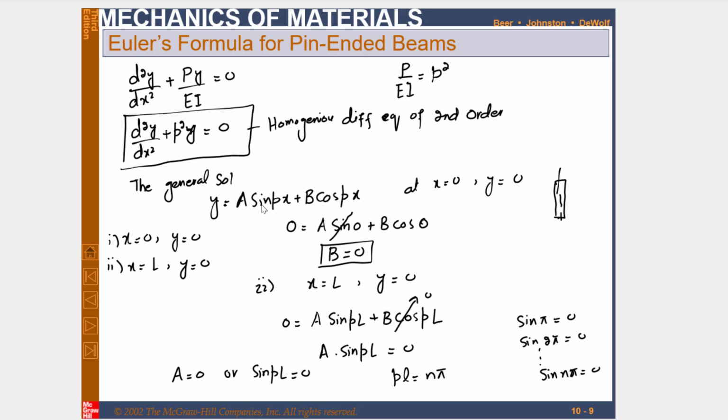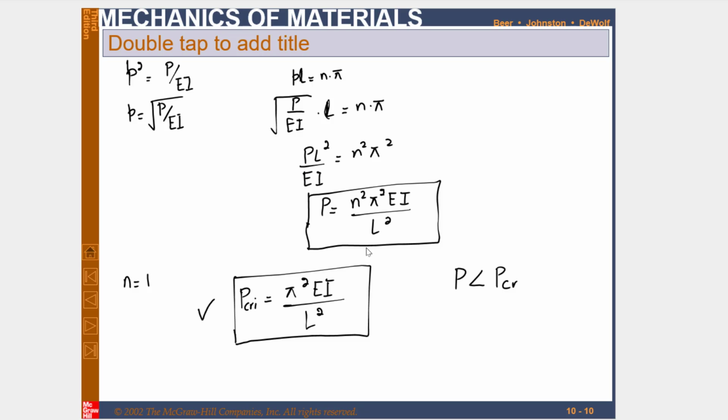Also, this is the general solution. From this general solution, you can also get the value of deflection, that y is equal to A sine of P into L. Clear? And this P is again, from here you can see P into L is equal to n pi.